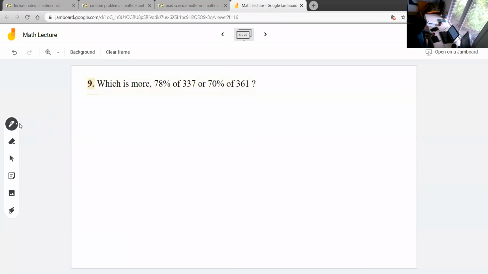So we have 2 different things. One of them is 78% of 337, and the other is 70% of 361. How do you find the percent of a number?